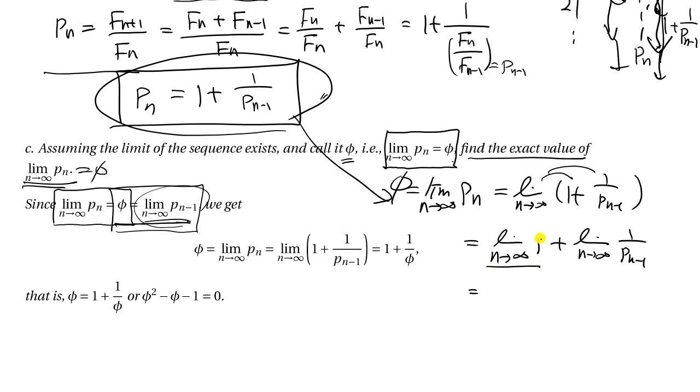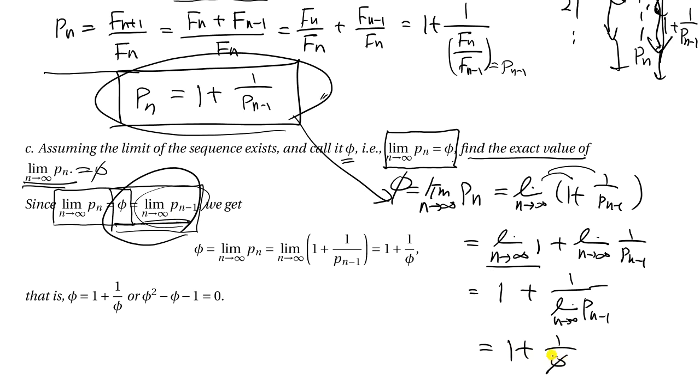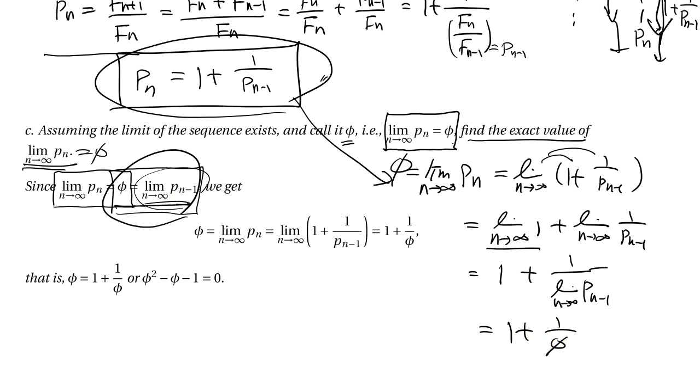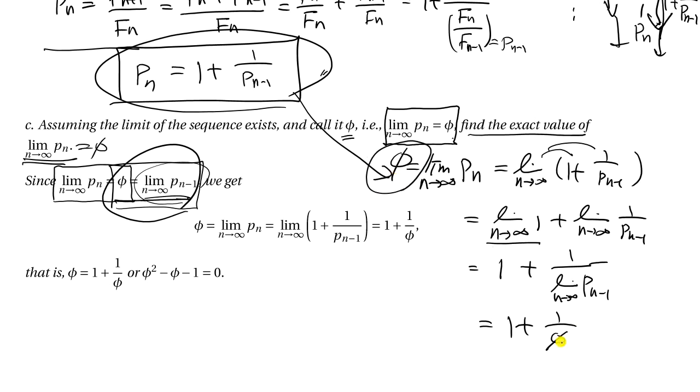There is no n in 1, so the limit of 1 is just 1. And over here is a fraction, right? Then you take the limit for numerator and denominator. The numerator is still 1, so let me skip that part. But take the limit of only P sub n minus 1. Then as you can see here, that limit is also the same as the original one, phi, right? So when you look at that together, phi equals 1 plus 1 over phi, right?